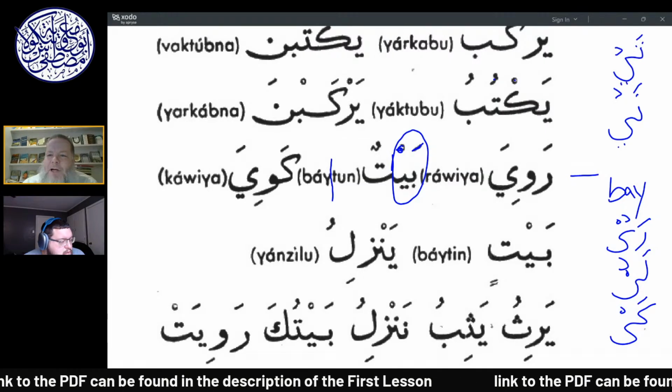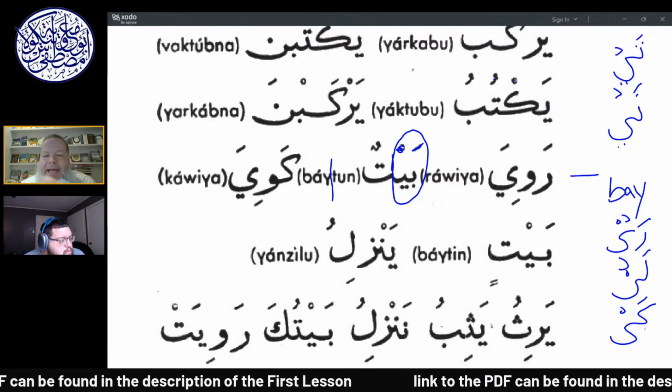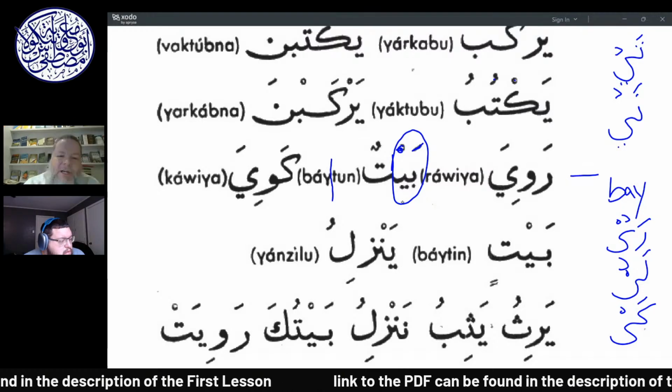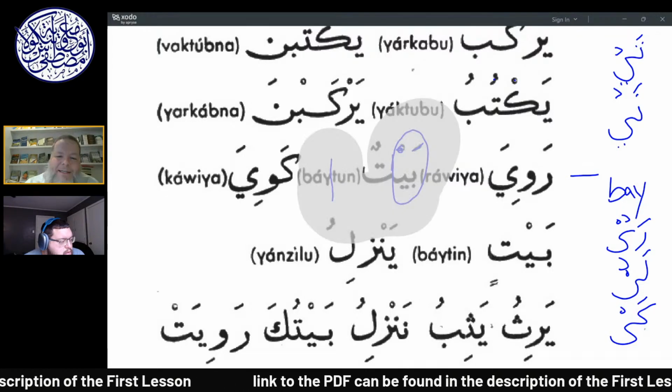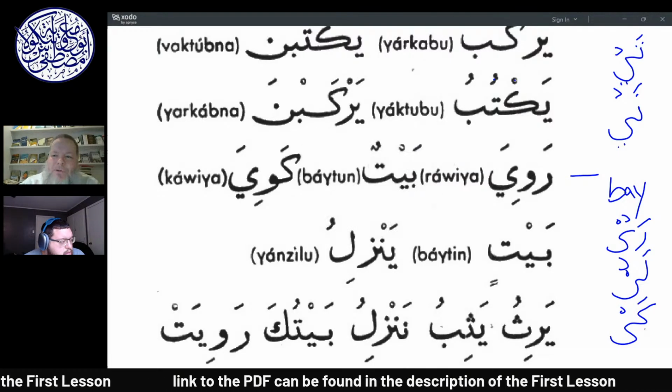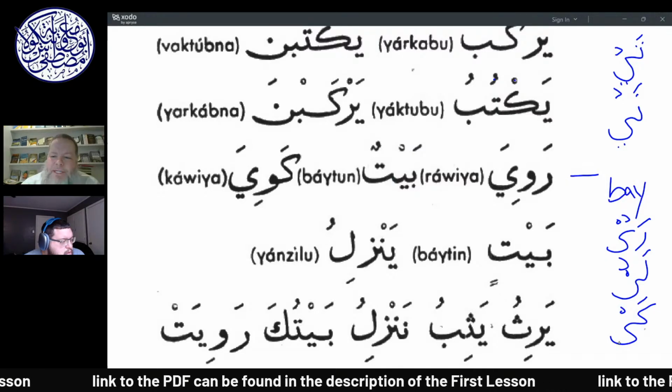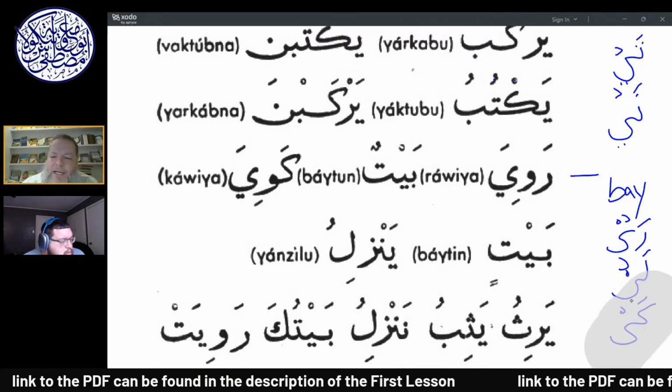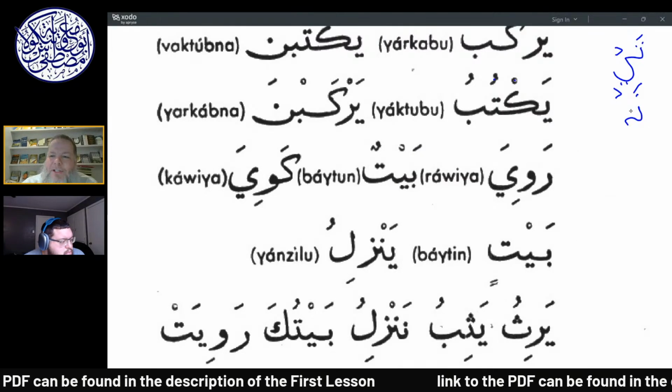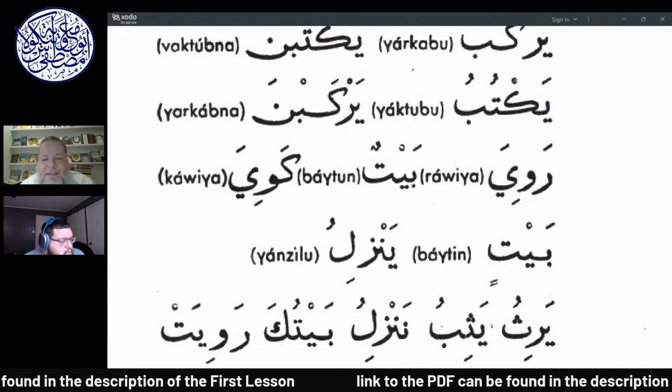Whenever it comes, it's going to say the a sound, and you're going to have that a lot. For example, this word means bait, house. You're going to hear this a lot. Baytullah, the house of Allah, right? Bait.